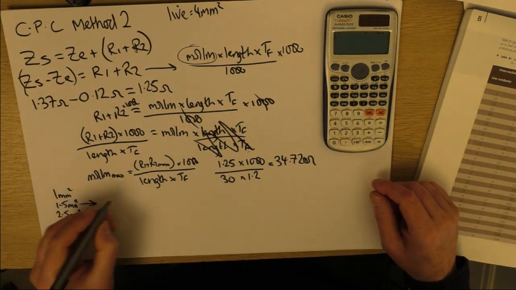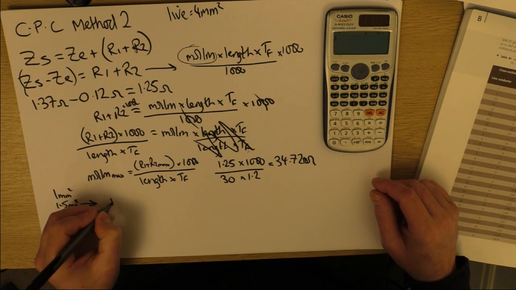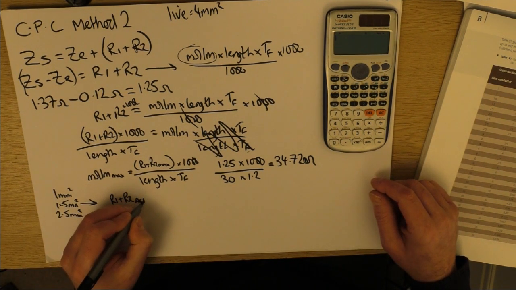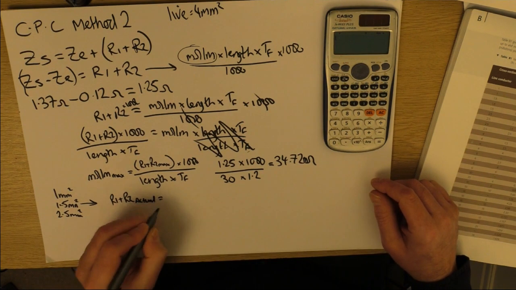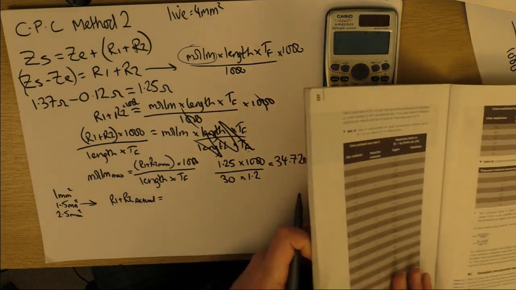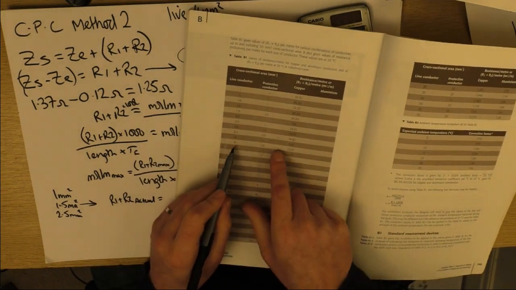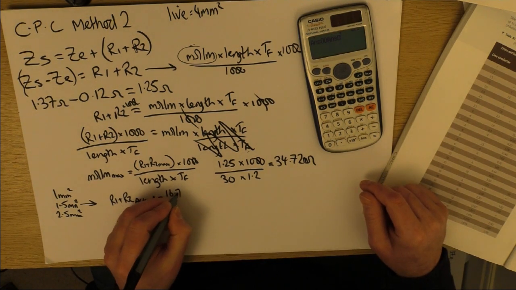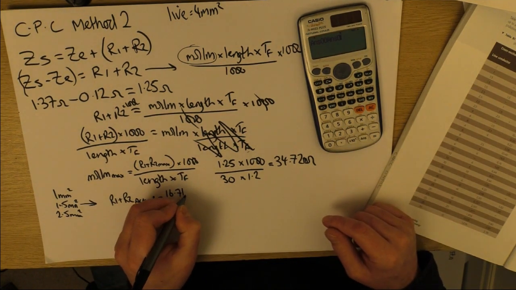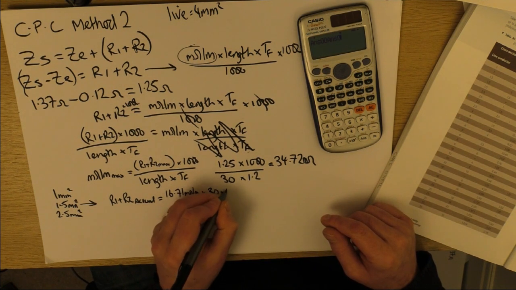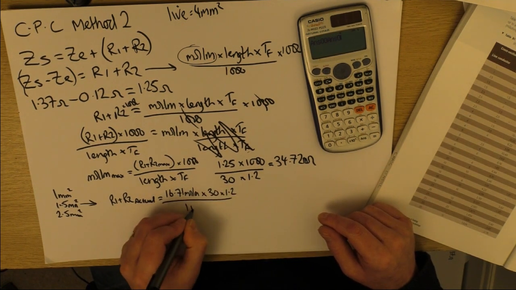Next then, we need to actually work out what our R1+R2 actual is. It's the same equation. So I said, remember that number, 4 mil 1.5, 16.71. So 16.71 milliohms per meter times the length times 1.2 over 1,000.